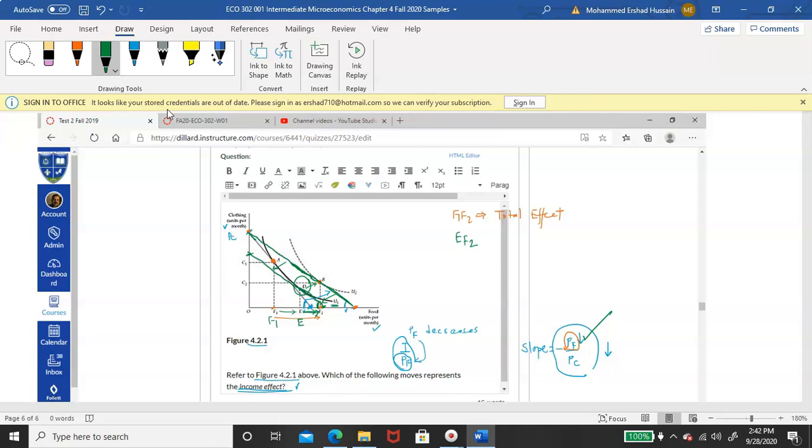When the consumption point moves from D to B, we say that is because of the higher level of income. So this one is the income effect.